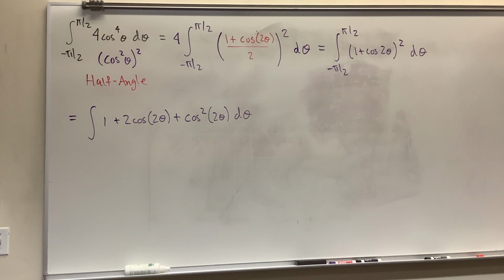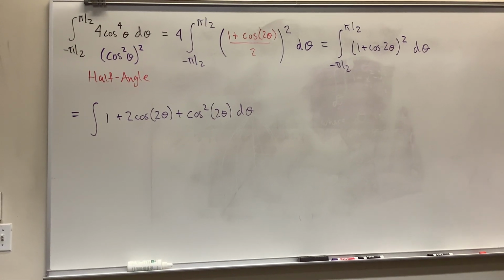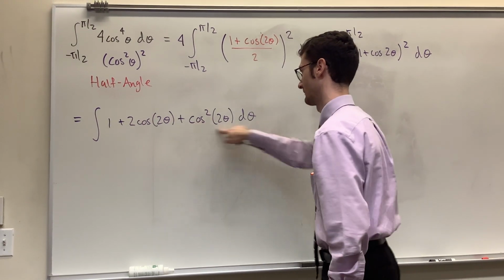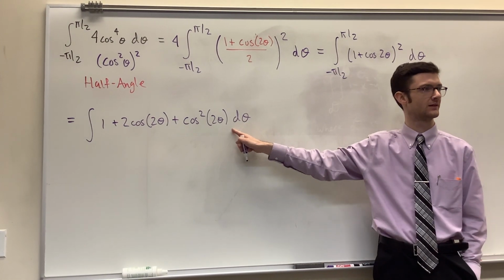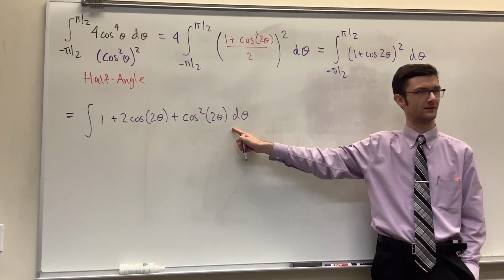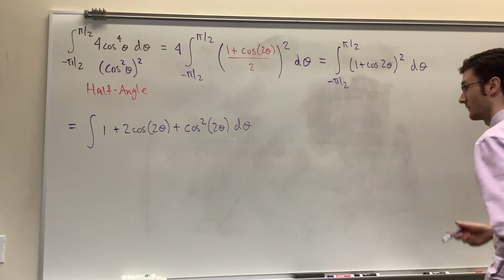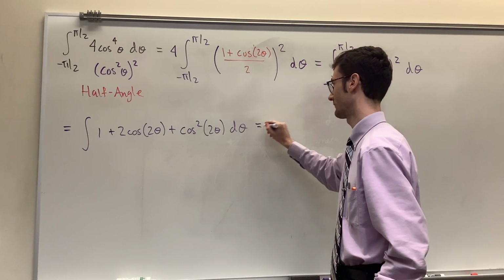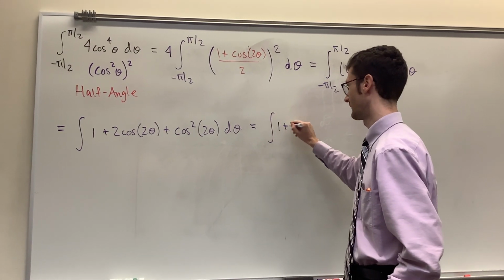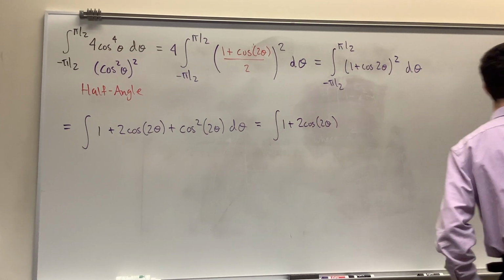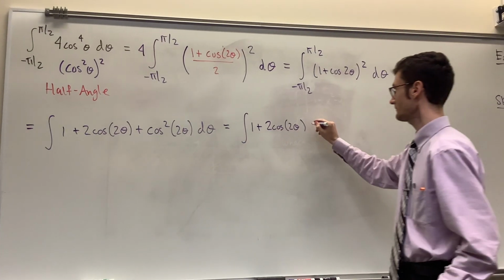Okay. Well, now what do we have to do? This thing, we have to do the half angle again. But you have to be really careful here. So let's go ahead. 1 plus 2 cosine 2 theta plus, okay, here we go.